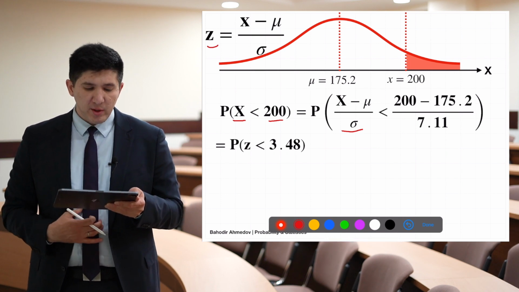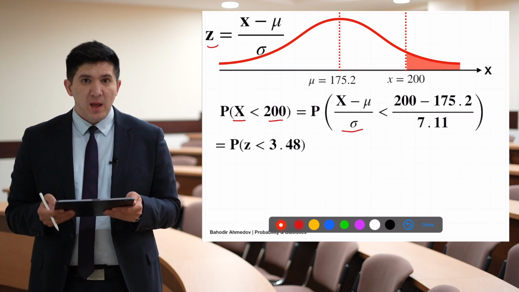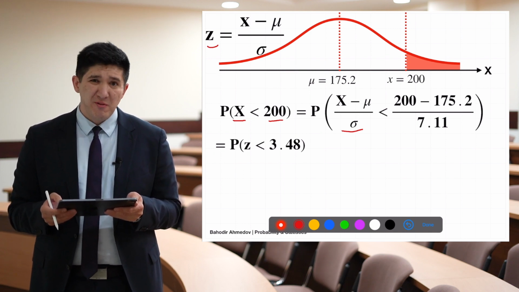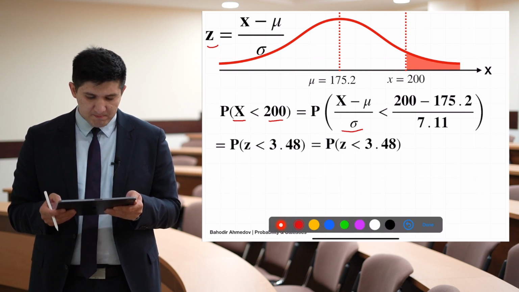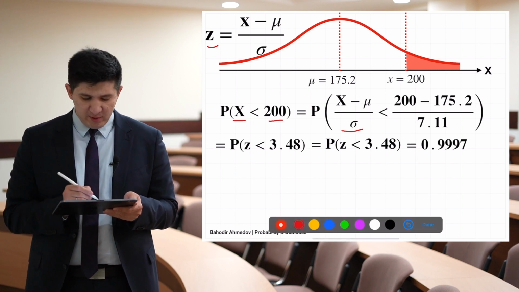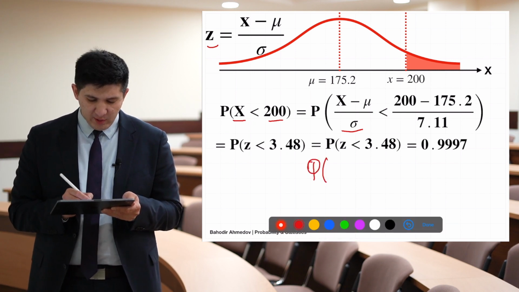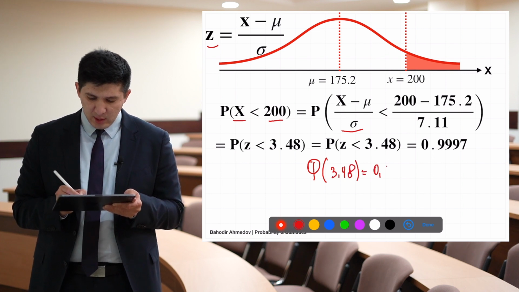So it's going to be the probability of z less than 3.48. I know how to calculate this. This is going to be phi of 3.48, right? And I can go to the table and find the value of phi of 3.48. And this is going to be 0.9997.